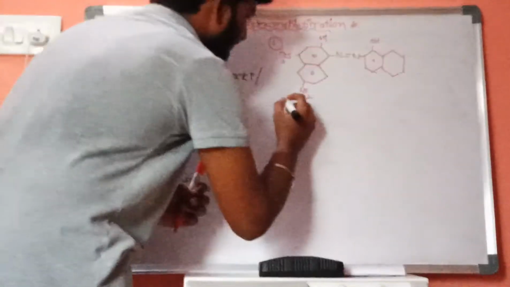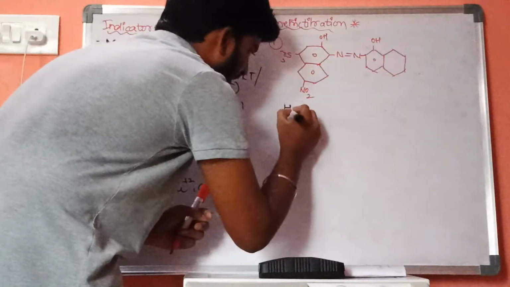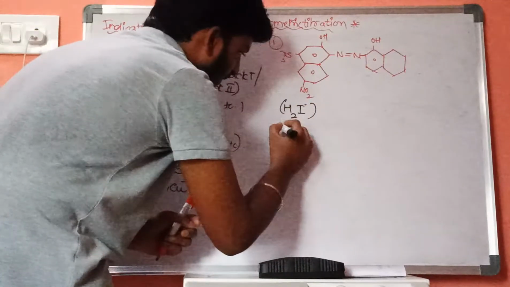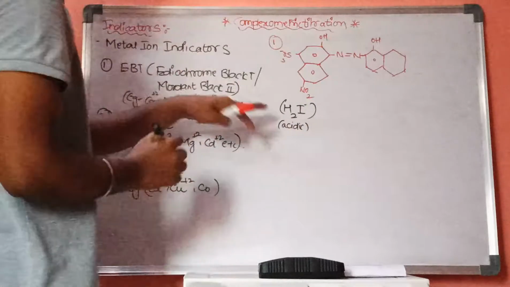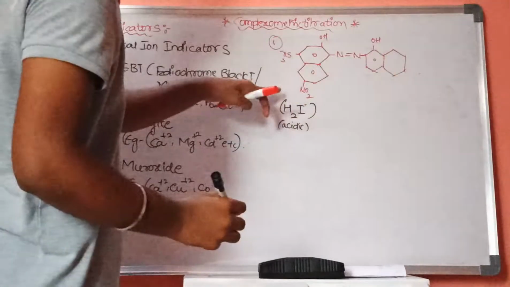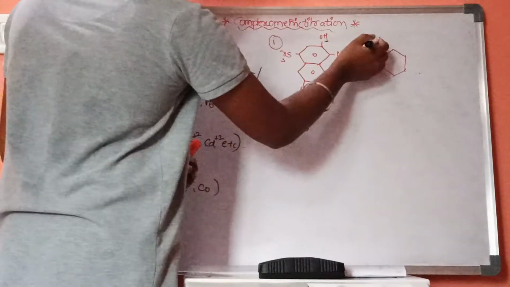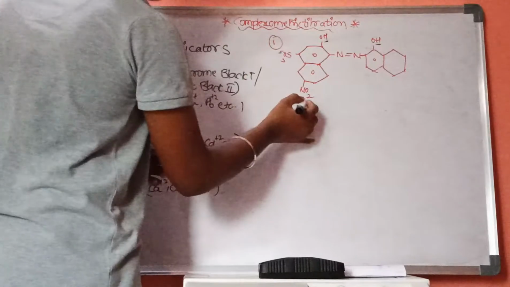In acidic medium, this structure is defined as H2In minus, because it contains two hydrogen atoms and one negative charge.